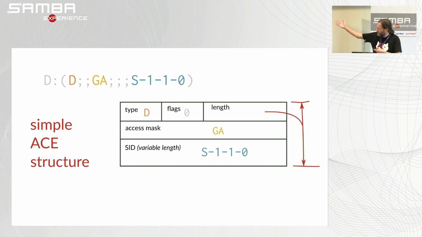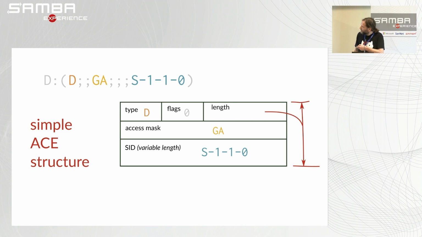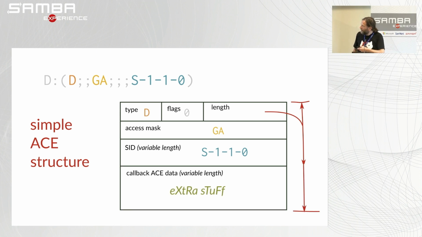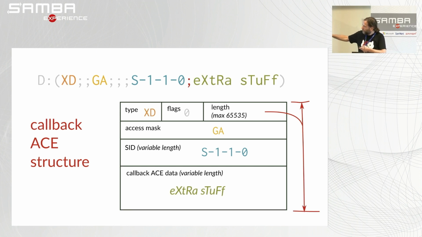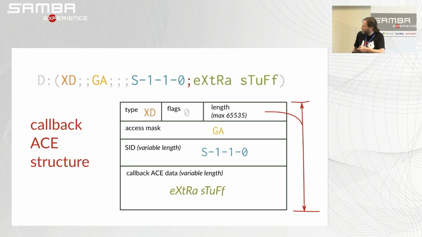Well, here's a normal ace. It's a normal simple ace. This one is saying deny something to somebody, and a callback ace is the same structure, except rather than saying A or D there, it says XA or XD, and it's got extra junk on the end.